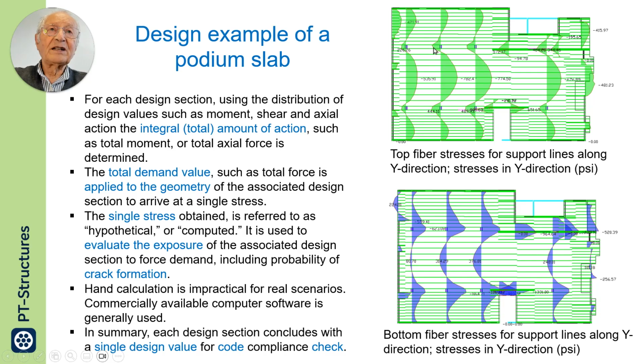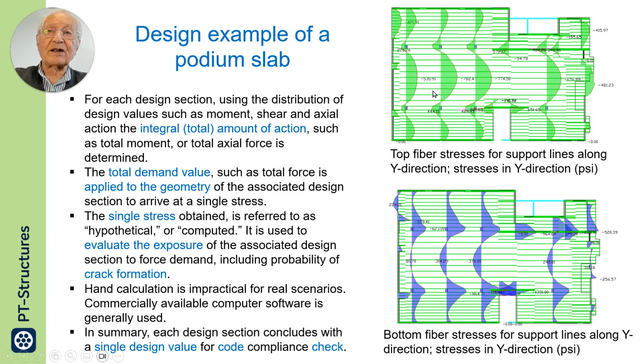We calculate the total area below this curve, and if this one here shows, let's say, the bending moment, we calculate the total moment. If we have shear, we calculate the total shear.